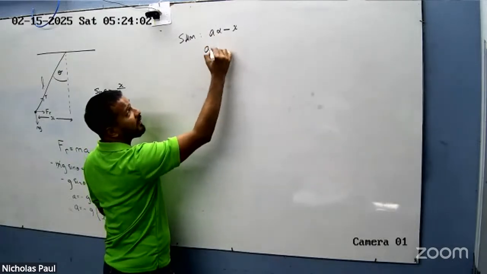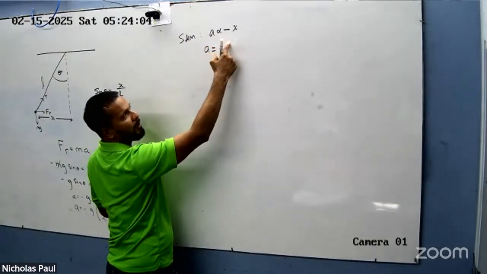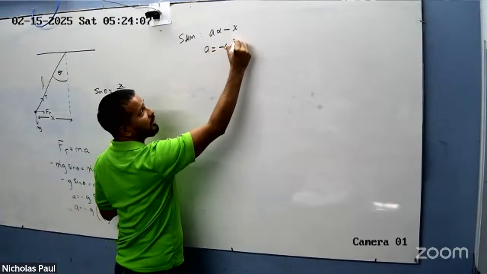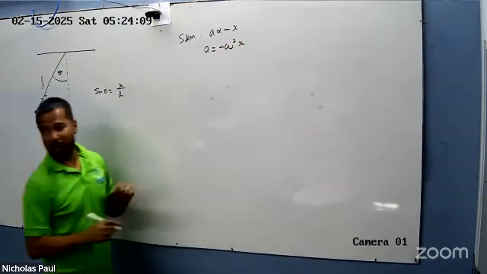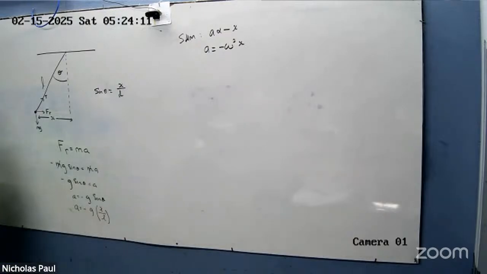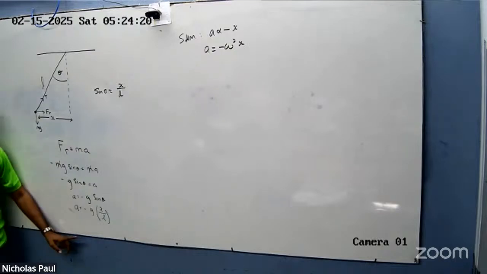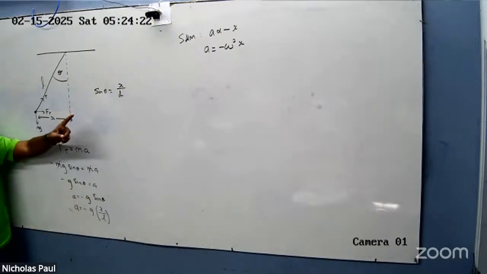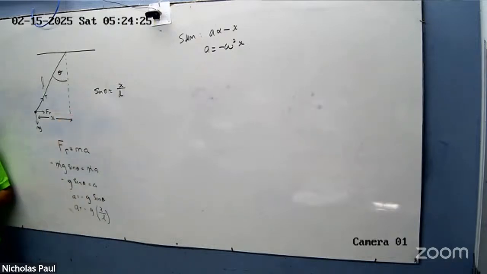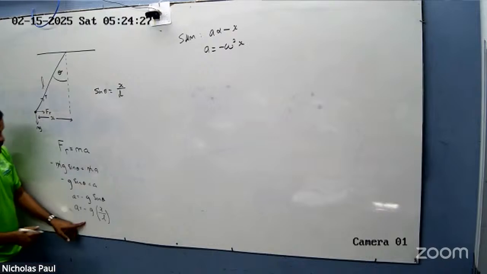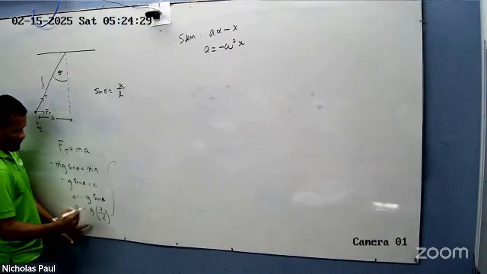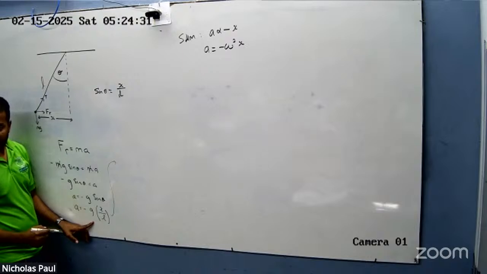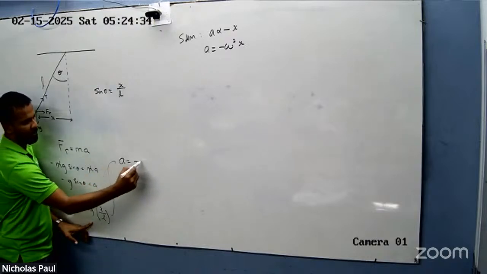So a, if you remember simple harmonic motion, you should be able to write the formula like that. Everybody okay with that? So watch this here. Can I write this in that form? Do you see that? So from this here, a will equal negative g over L multiplied by x.